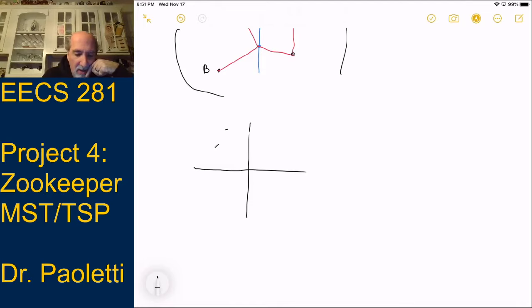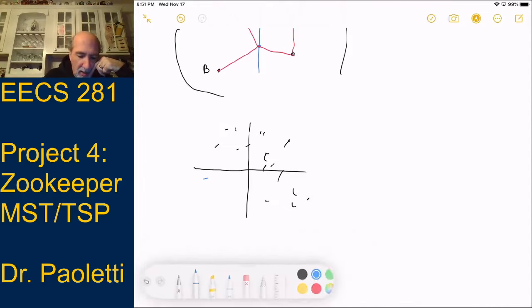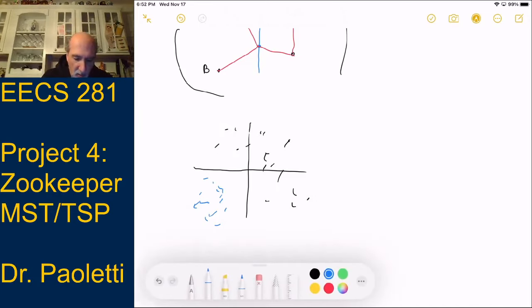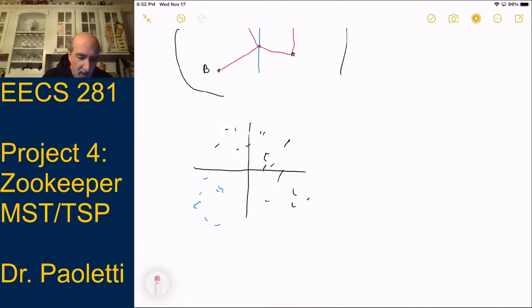Let's say everything was in the safe animal area. It's a petting zoo. It's completely connected. Well, what if all of the cages were in the wild animal area? We've got a wild animal safari. That's completely connected.